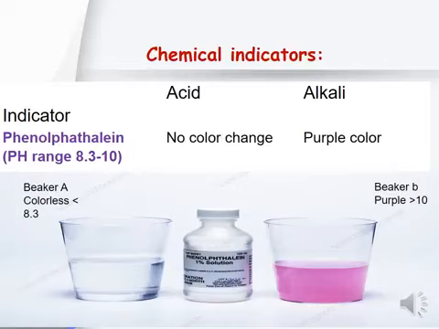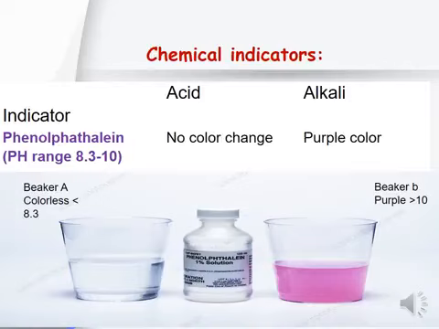Here, this is the phenolphthalein, and beaker number 1 has pH less than 8.3 and shows no change in color. Here, in beaker B, when I add phenolphthalein, it turns purple.